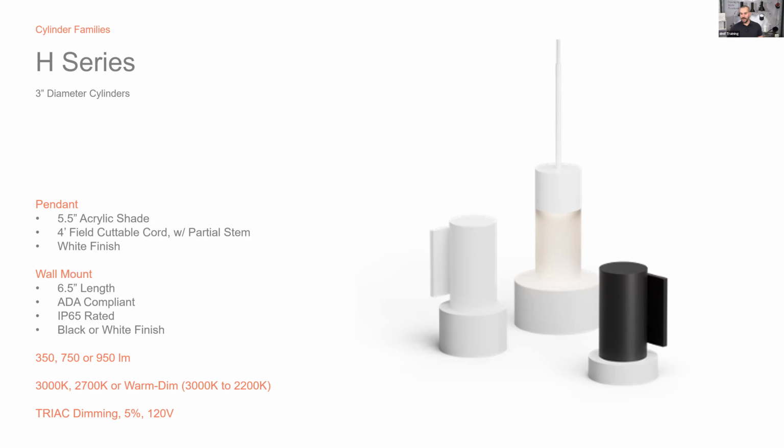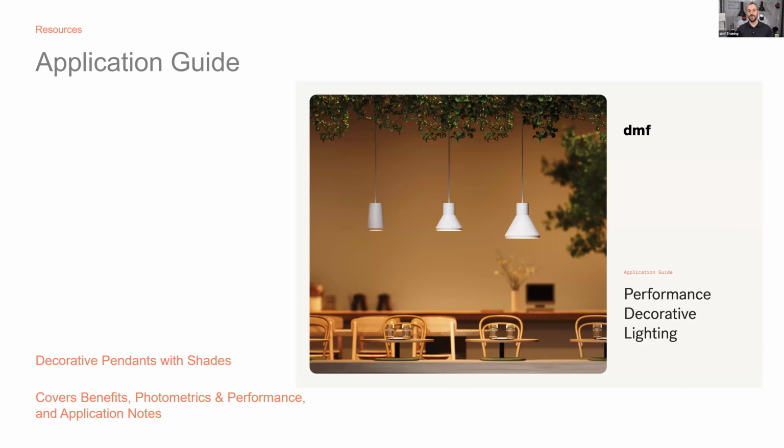That wraps up all the product content that I have to share with you today. I just wanted to mention one last additional resource. On our website, under resources and additional resources, we have an application guide for performance decorative lighting.